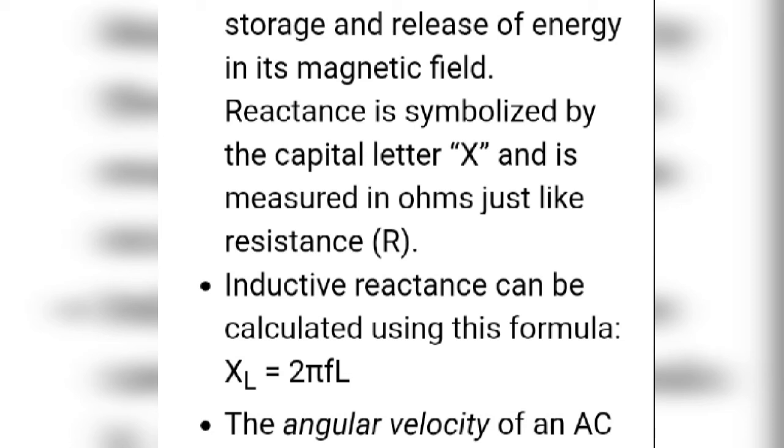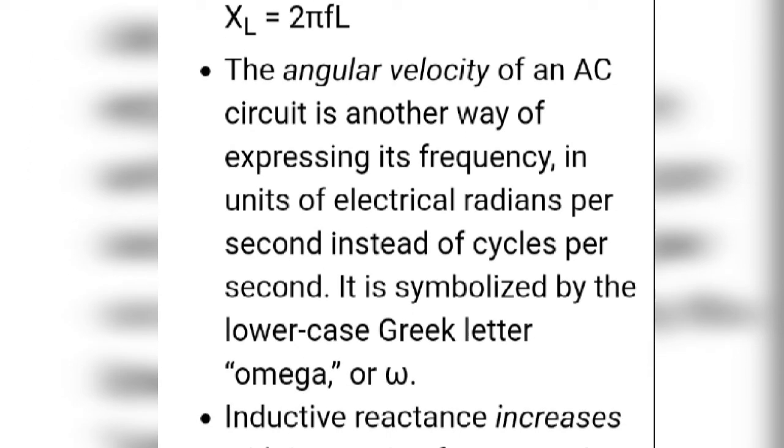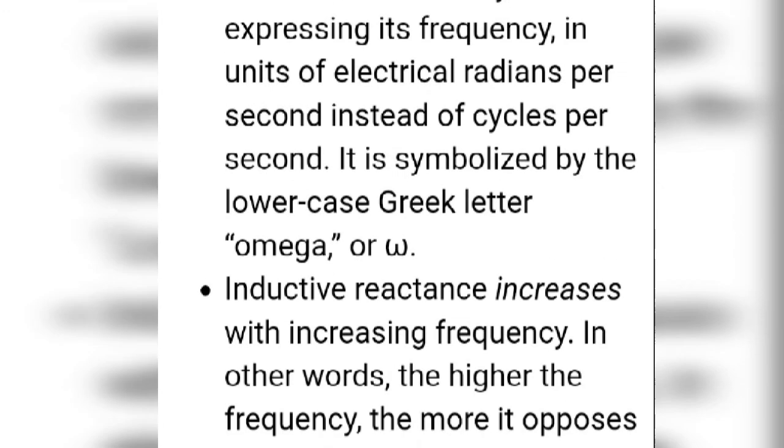The angular velocity of an AC circuit is another way to express its frequency, in units of radians per second instead of cycles per second. It is symbolized by the lowercase Greek letter omega. Inductive reactance increases with an increase in frequency. In other words, the higher the frequency, the more it opposes the AC flow of electrons.